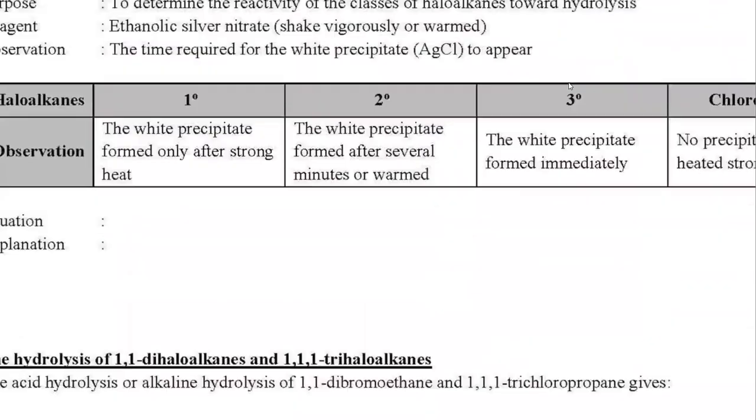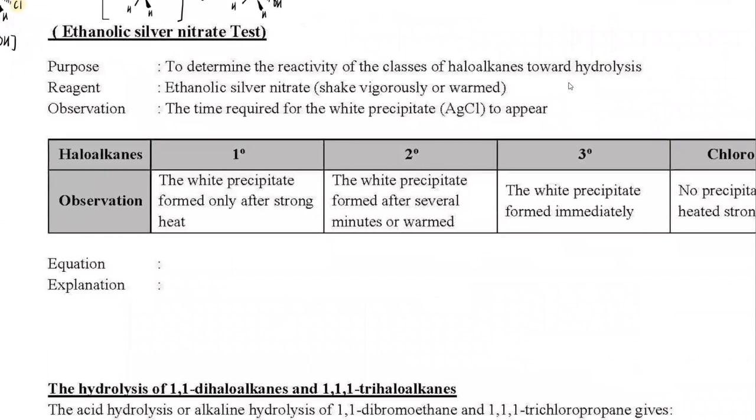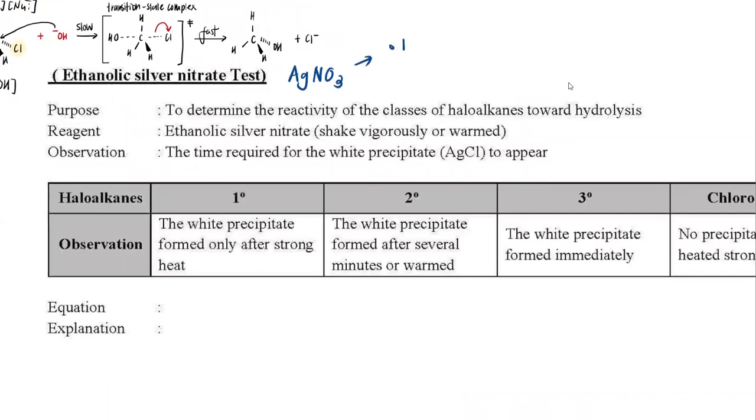Without further ado, let's continue with the ethanolic silver nitrate test. Silver nitrate is AgNO3. This test is to test the presence of halide ions, particularly Cl, Br and iodide.